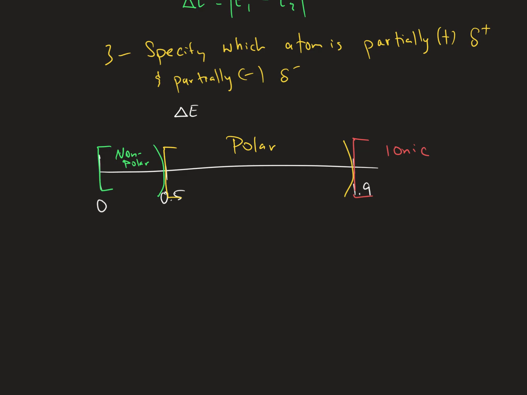So, for example, if you look at your electronegativity chart, y'all have it with you? Let's say fluorine is bonded to arsenic. Fluorine has an electronegativity value of 4. Arsenic has an electronegativity value of 2.